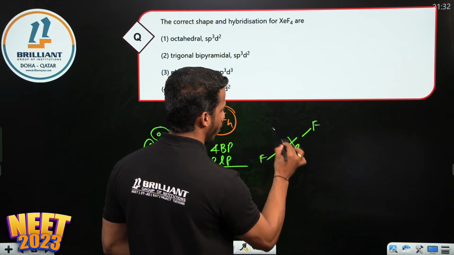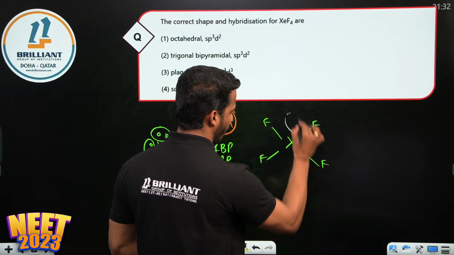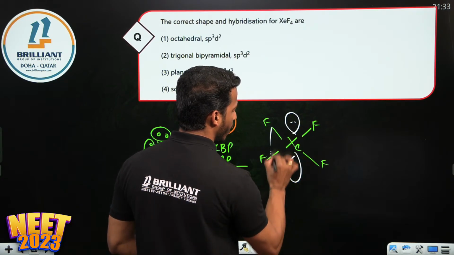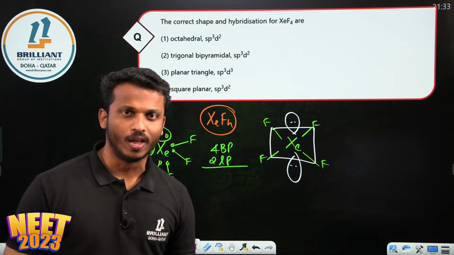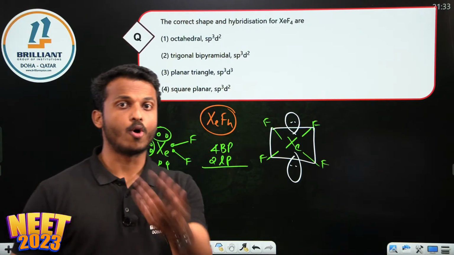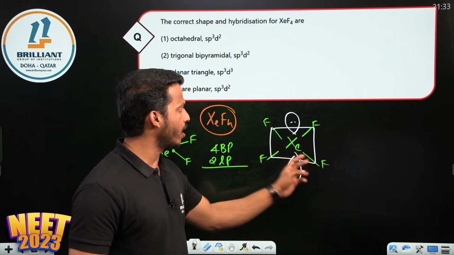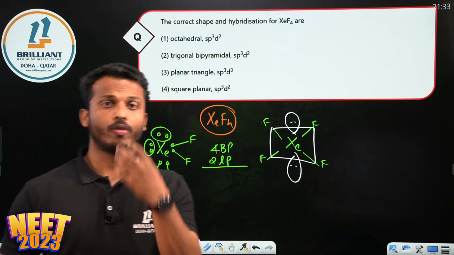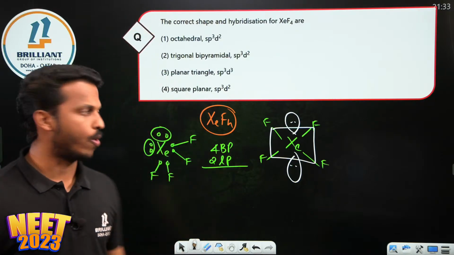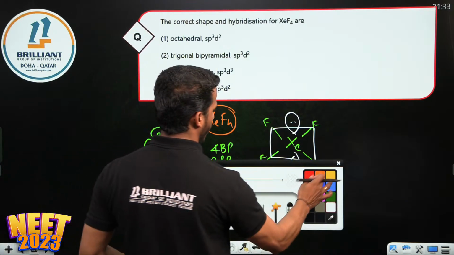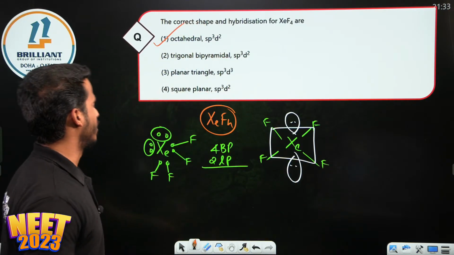When you consider the geometry of a molecule, you have to consider both the bond pairs and lone pairs. You can see the bond pairs are square and the lone pairs are up and down. So we can say it's square bipyramidal. It's also called octahedral shape or geometry. We can say option 1 is the correct answer.